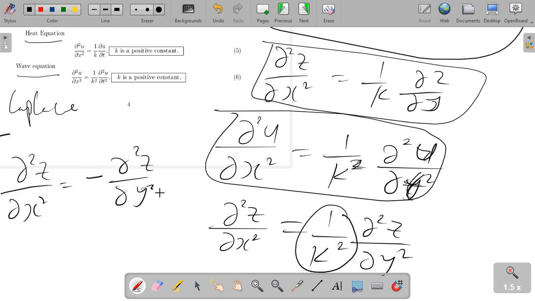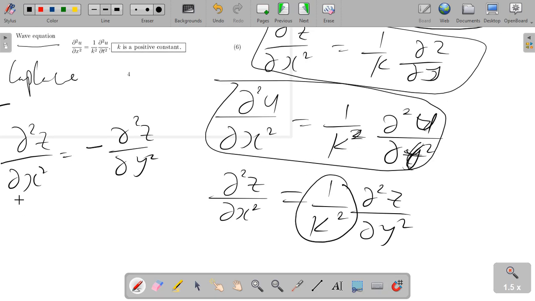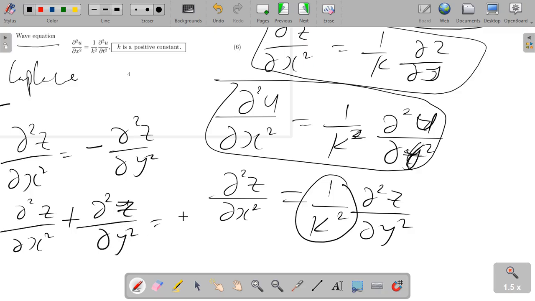Some people write it in the form partial squared z over partial x squared, plus partial squared z over partial y squared is equal to 0, but I prefer to write it like this.